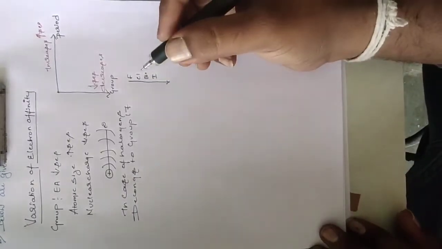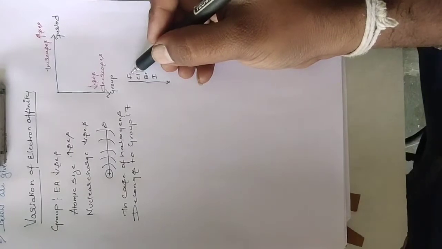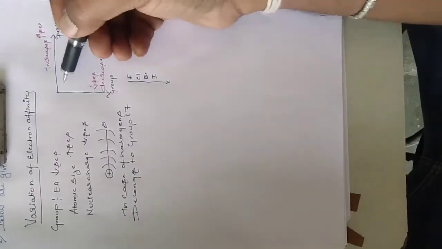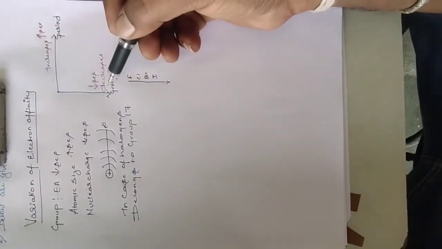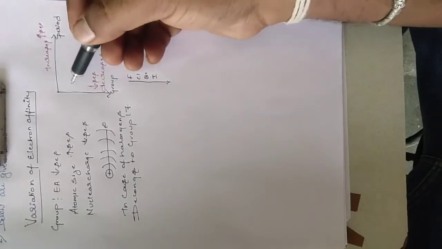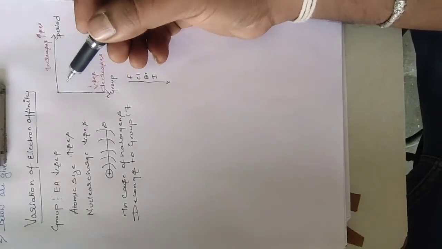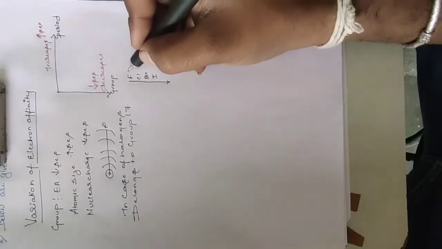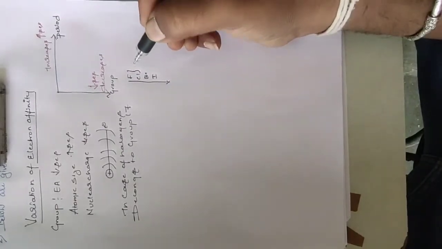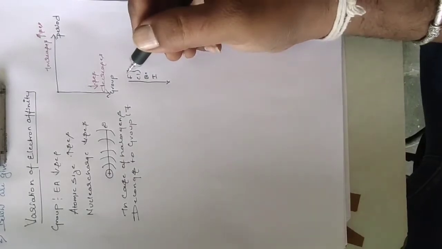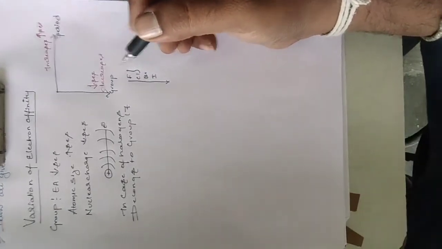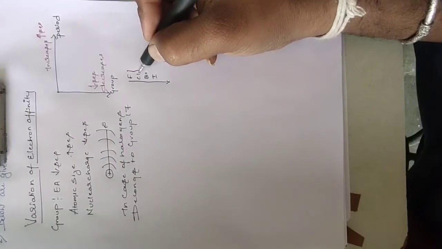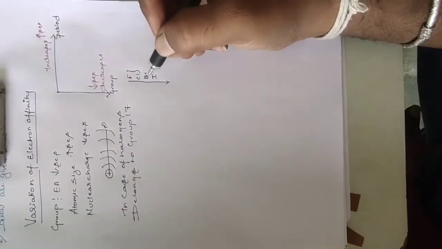What I said is, if atomic size goes up from top to bottom, electron affinity decreases. But in the case of chlorine and bromine, chlorine in some cases is greater than F.